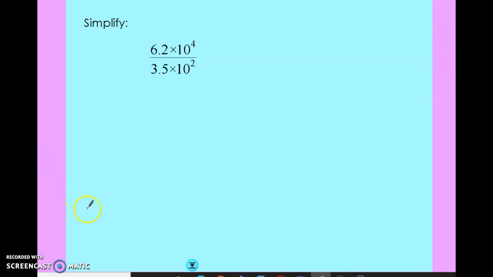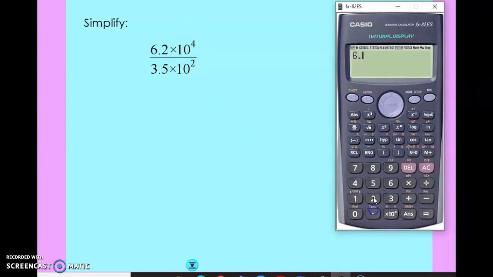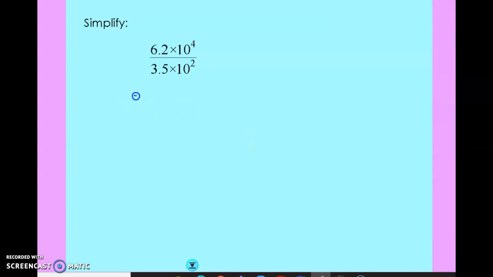If we've got anything written as a fraction like this, a fraction just means divide. So we're doing 6.2 times 10 to the power of 4 divided by 3.5 times 10 to the power of 2, which is 177.